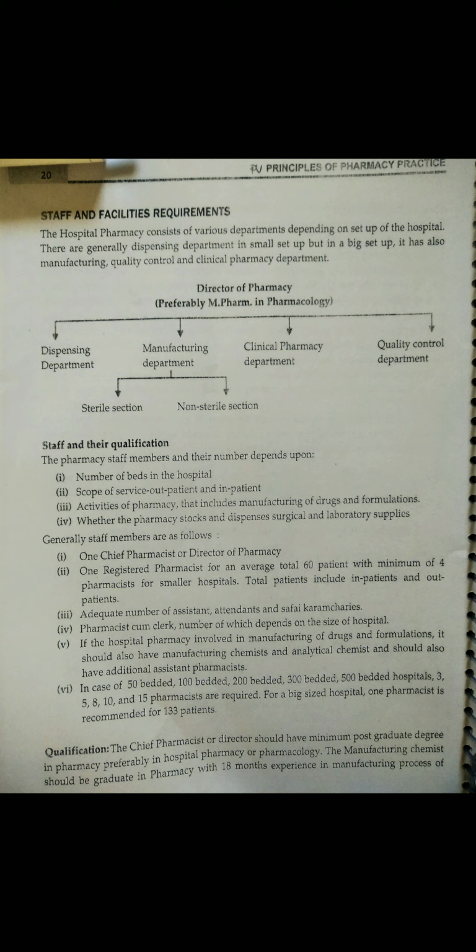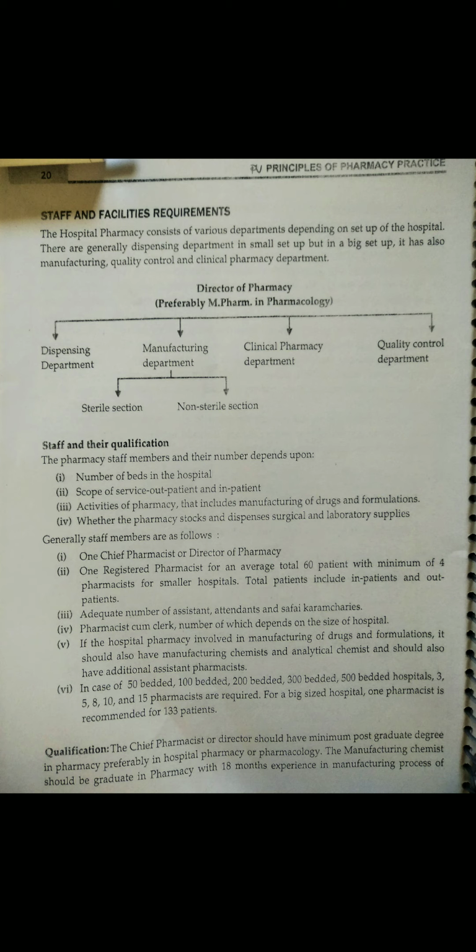Now the general staff members are as follows. Generally, first is the chief pharmacist, second is the registered pharmacist, one registered pharmacist for 60 patients. Next are the assistant, safai karmachari and attendant. Next is the clerk.